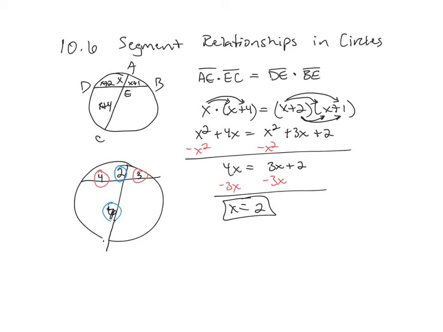They're not necessarily all x's like this one, but obviously one of them has to be x because that's what you're finding. Set up an equation, and when the segments intersect on the inside, you just multiply each of the little parts together, and then you'll solve an equation.